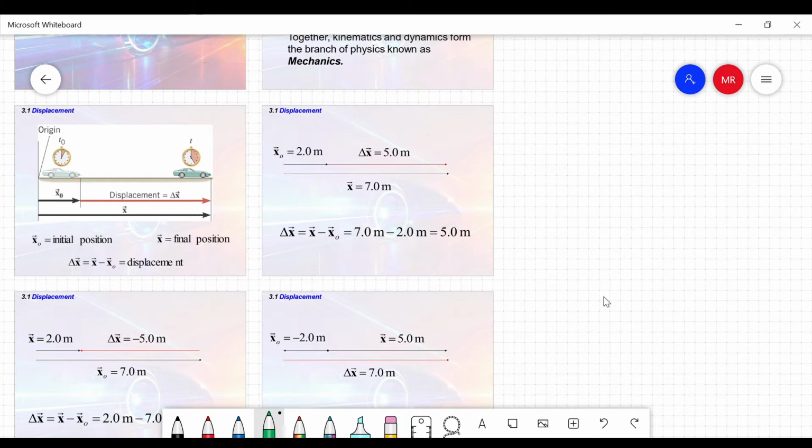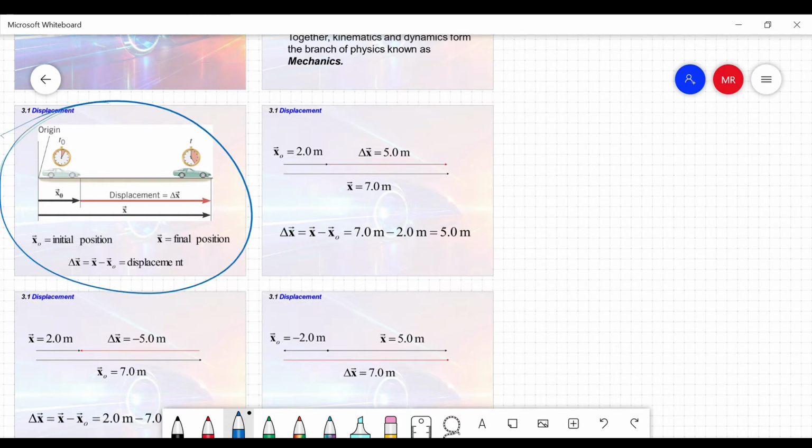So, like for example, in this figure, look at the car. Dito sa figure na to, if we'll be looking at this figure, so the car has an initial position x sub 0. Yung initial position niya ay ito.